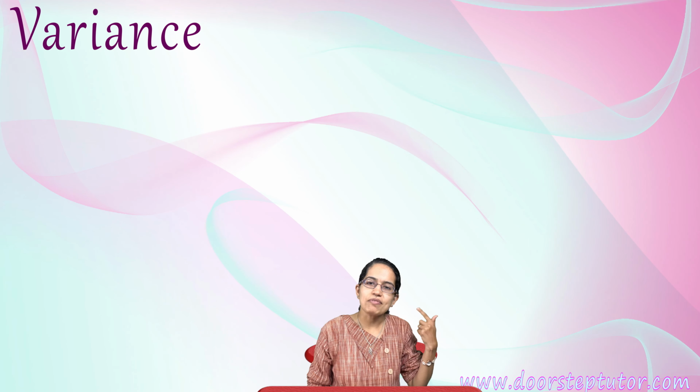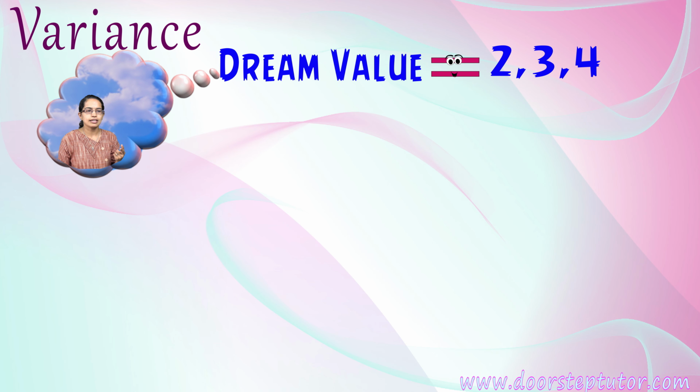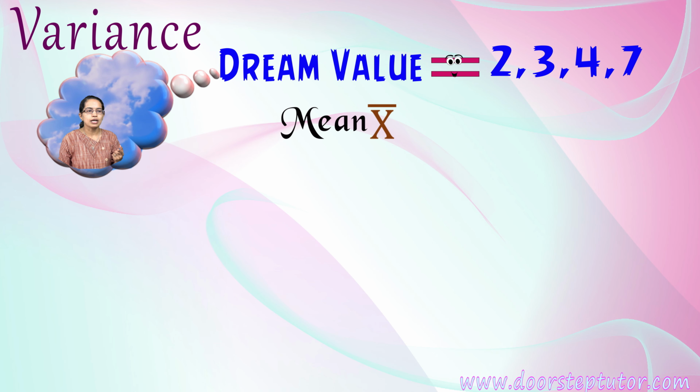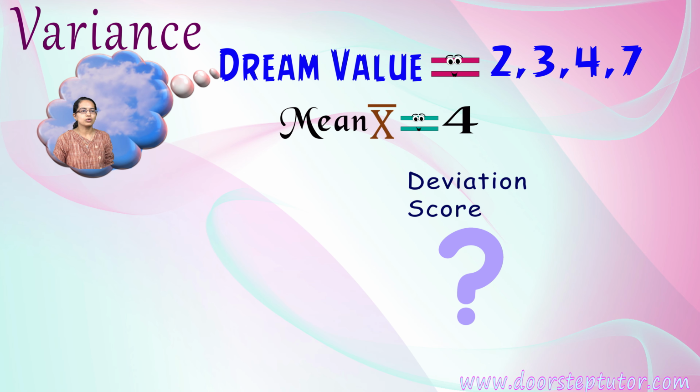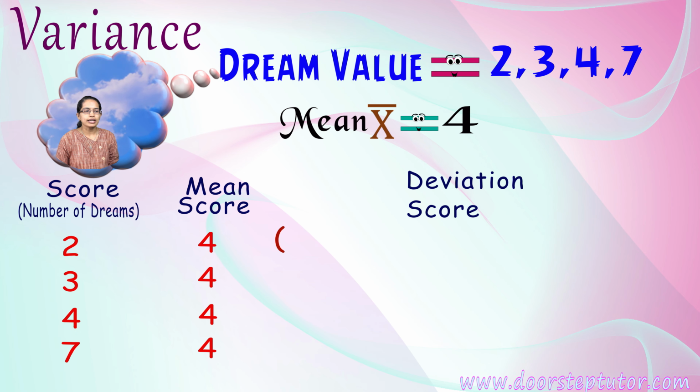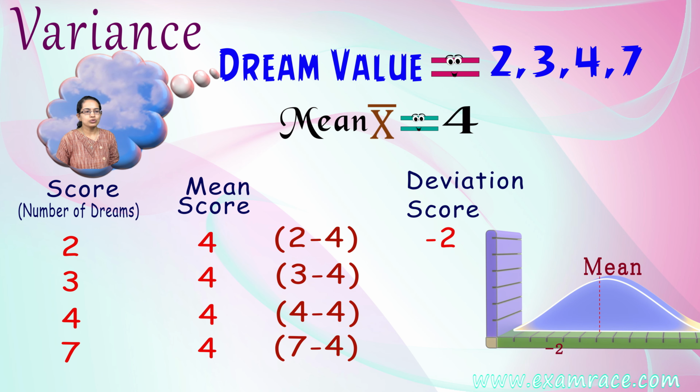Let's take the same values of the dreams. Those are 2, 3, 4 and 7. My mean comes out to 4. Now what is the deviation score? In the first case it's 2 minus 4, 3 minus 4, 4 minus 4 and 7 minus 4. It comes to minus 2, minus 1, 0 and 3.